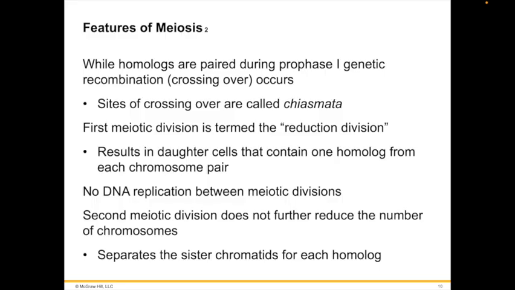The sites of crossing over are called chiasmata, and the sites of contact are maintained until anaphase 1. The physical connection of the homologs due to crossing over, and the continued connection of sister chromatids, lock homologs together. The association between the homologs persists throughout meiosis 1 and dictates the behavior of the chromosomes.